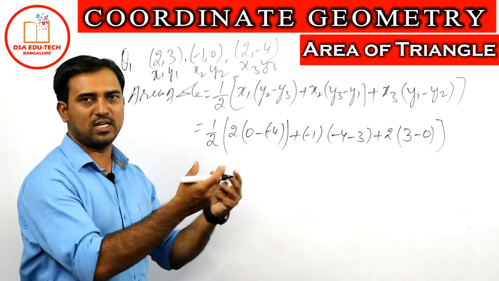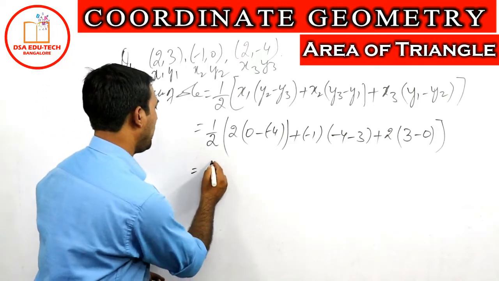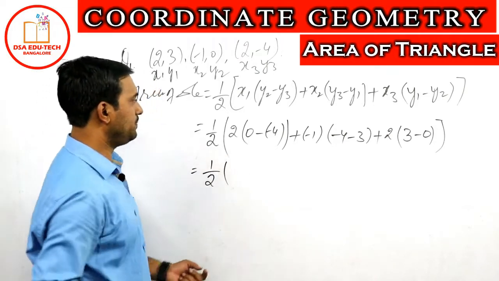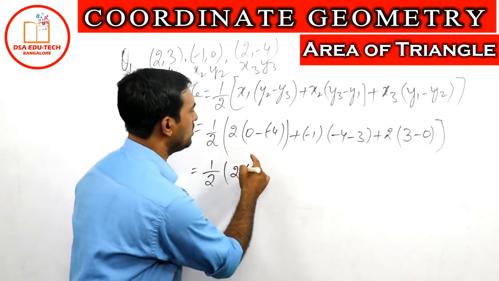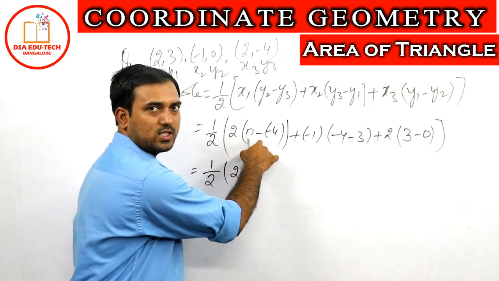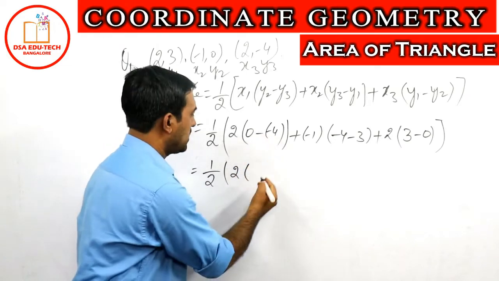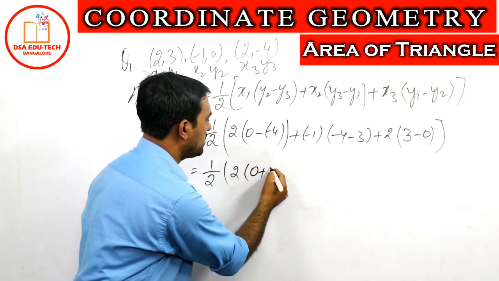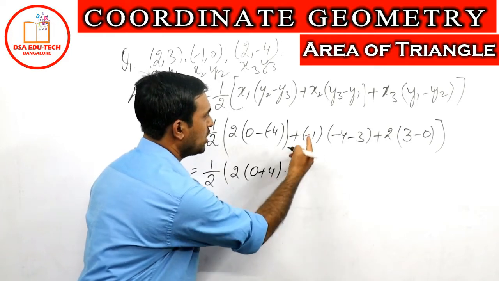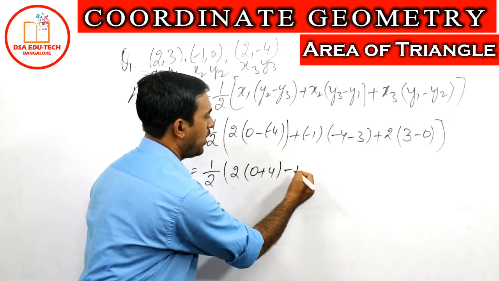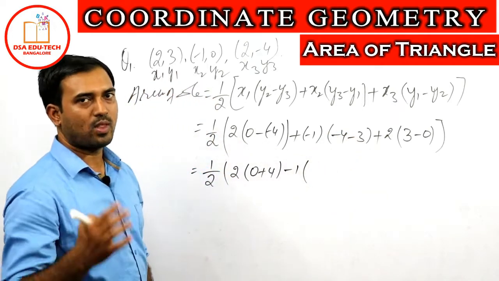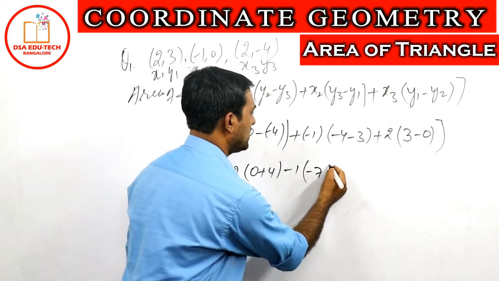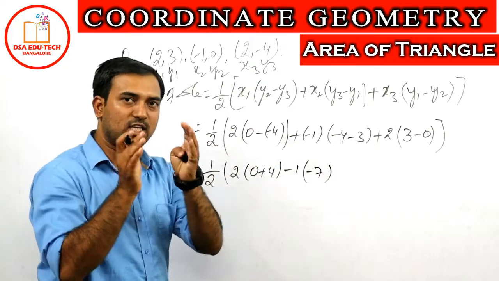Next we just have to add, multiply and so on, right? So 1 by 2 into 2 into 0 minus into minus plus. So it will become 0 plus 4, plus minus 1 into minus 4 minus 3 is minus 7. I am solving inside the bracket first.